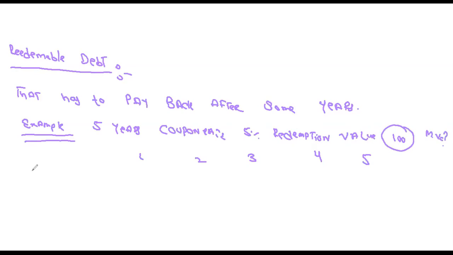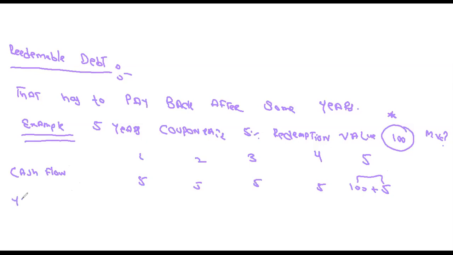What will be the cash inflows for the investors? It will be the coupon 5, 5, 5, 5. But in the last year, the bond has to be redeemed, so it will be 100 plus the 5 coupon. Now, what will be the discount factor?